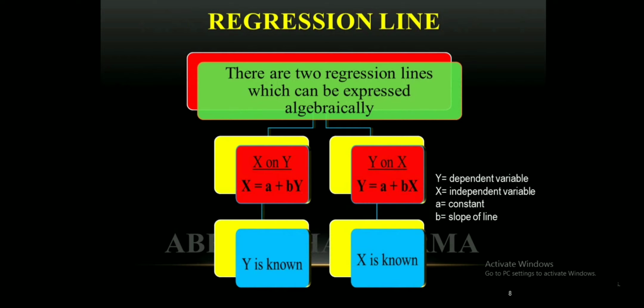If algebraically expressed, regression lines can be classified in 2 categories, which are x on y, whose equation is x equals a plus by, and y on x, whose equation is y equals a plus bx. Here, y is the dependent variable, x is the independent variable, a is the constant term, and b is the slope of the line.